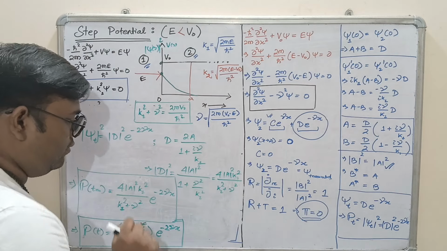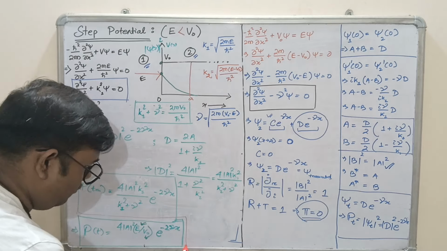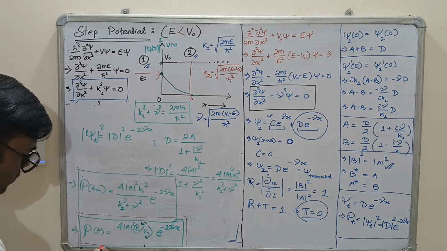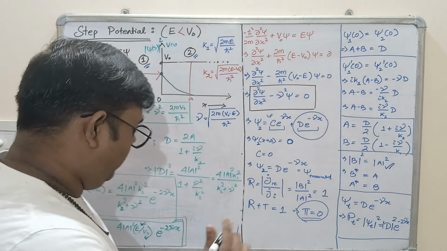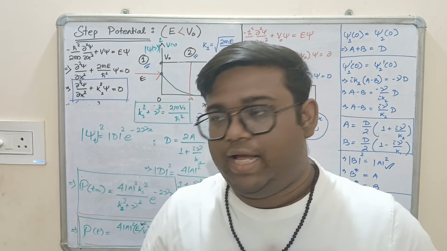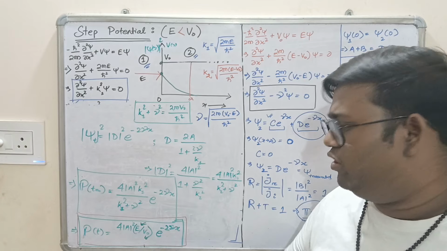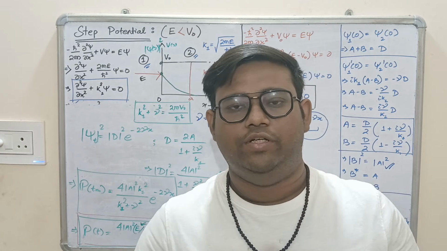Then we will also find this kind of probability density wave, but instead of x we'll have the finite length d, and the coefficient will also change, which we'll do in the next video.